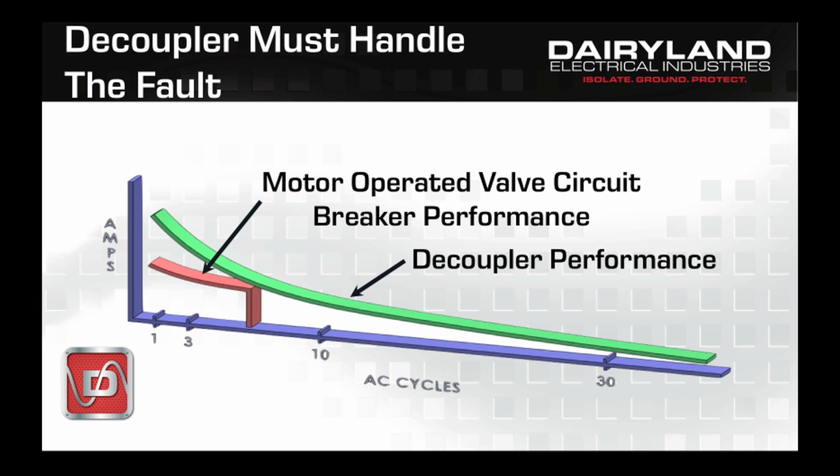You can see that our decoupler behaves like a circuit breaker. It is rated to pass large amounts of current for short time, and then as time increases, the rated current it can pass decreases. When you as a customer call in and say, "What level of fault current do I need to purchase in a decoupler?" the answer lies in the amount of current your faulting device can deliver.